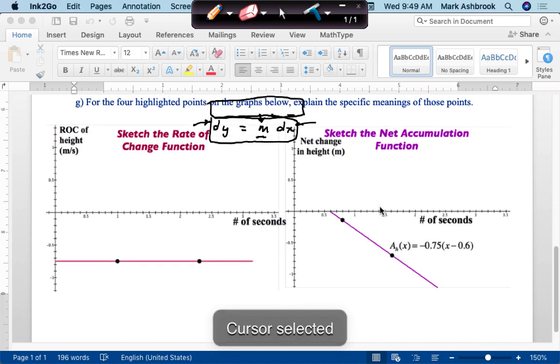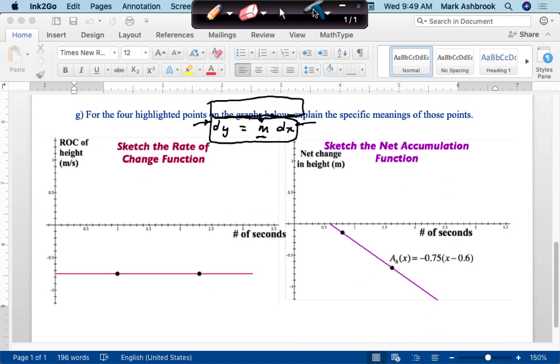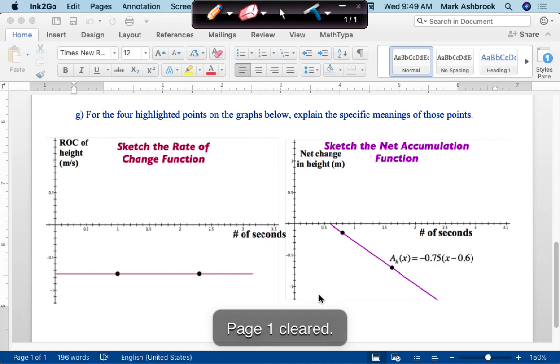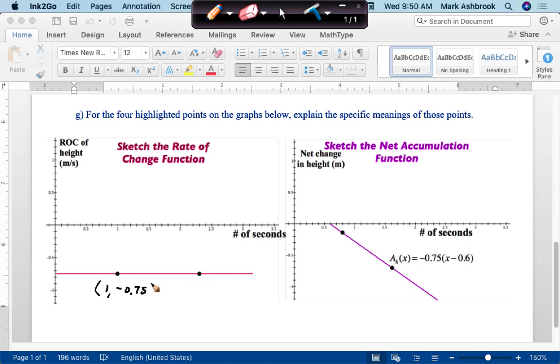All right, so let's look at these graphs down here. So we have this graph over here, and I think I asked you to explain the meaning of the points. So here's the point 1, negative 0.75. What is the meaning of that point? What does that point mean as you're looking at that?